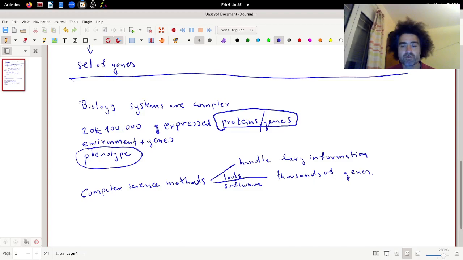And this is not possible to do either experimentally or by hand. We have to use software and computer science tools.